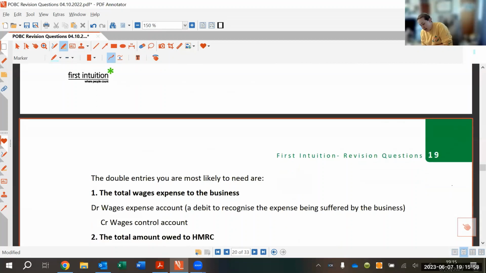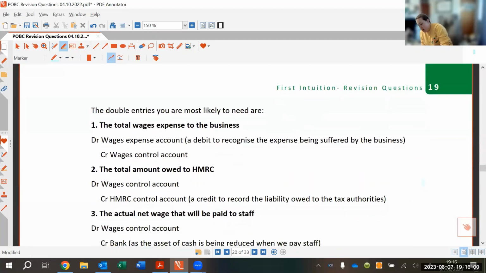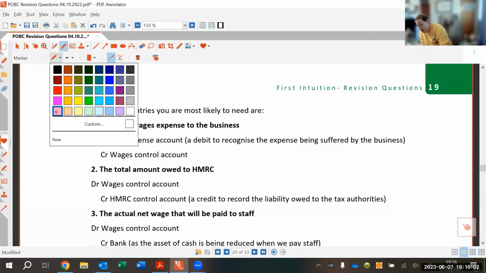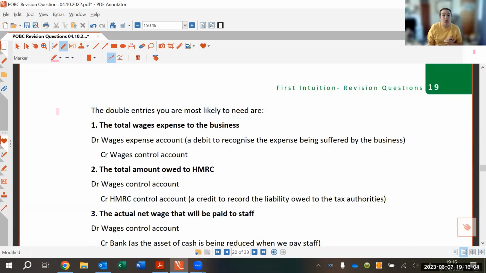So how do we do this? Well, this is where we bring in the wages control account, which you will have seen in your studies. The wages control account acts as an account that we hold all the figures in for our payroll.